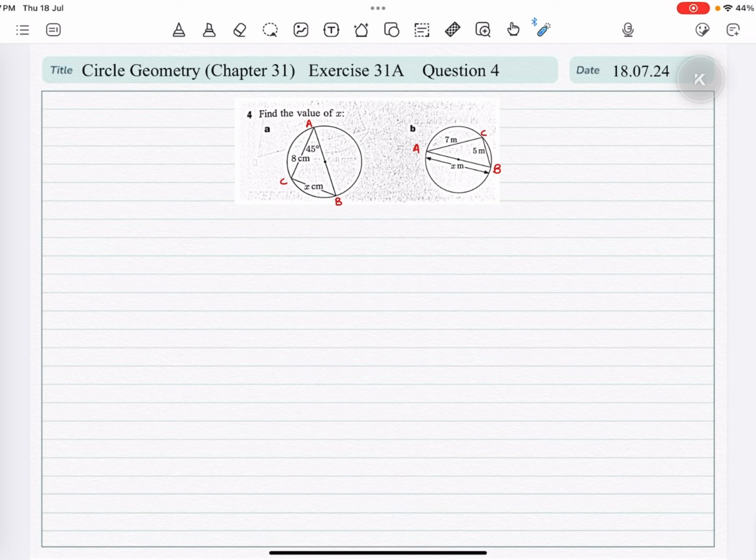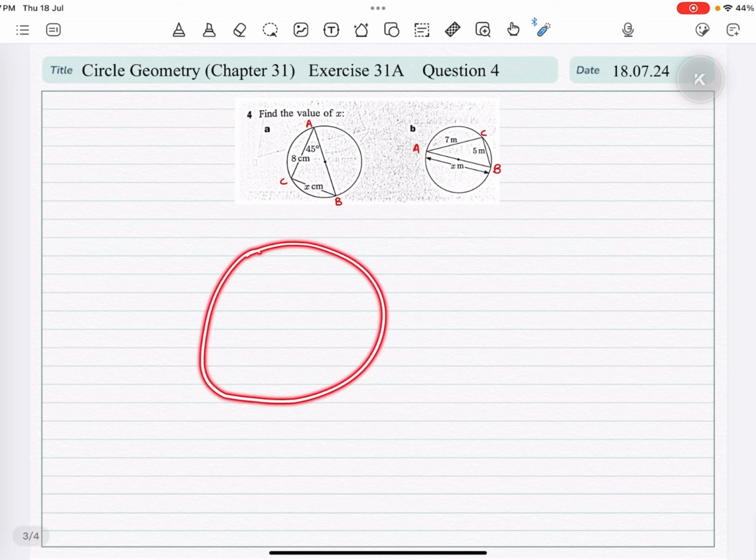So when we start the A subsection of this question, we can do it in two ways. The first method is to find this angle. You have to know that this is 90 degrees. Why? Because of the angle in a semicircle theorem. So what does it state?